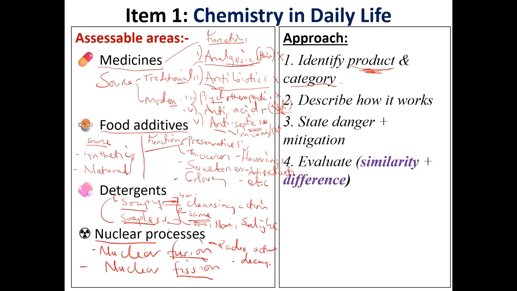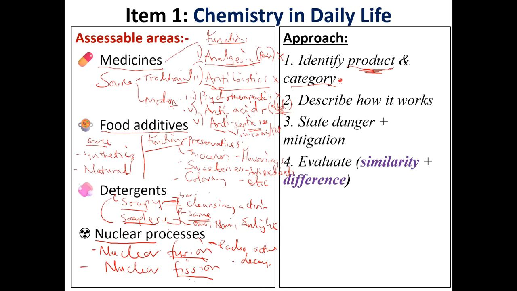Which category do we talk about? Now, the categories are these ones. If it is under medicines, it is maybe an analgesic medicine, maybe an antibiotic, psychotherapeutic, antacid, antiseptic. So the categories are here, but you need to categorize according to the scenario. So you read the scenario very well, and then you identify the product. Finally, you'll be able to categorize that product.